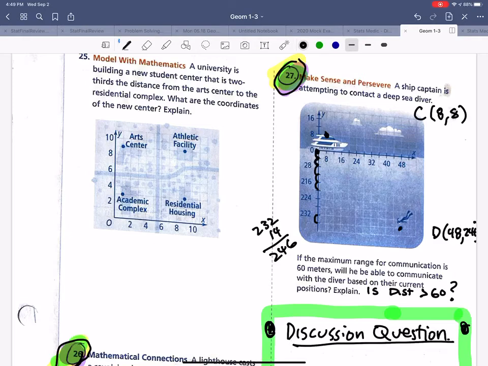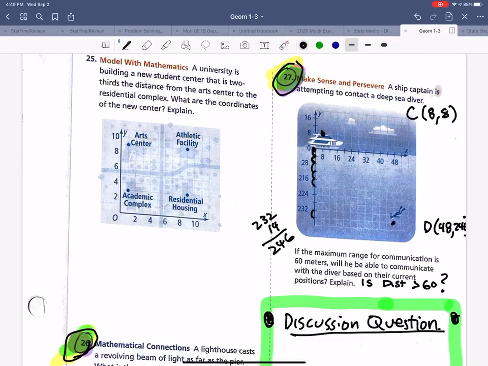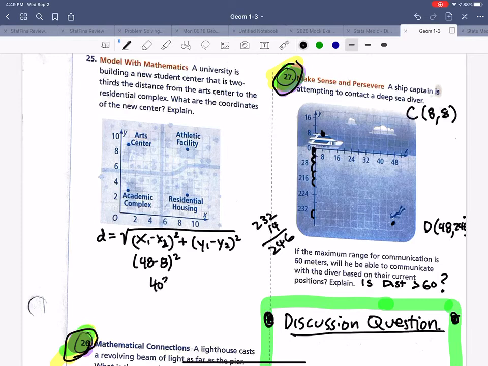So let's find out. We are going to go back to our formula. And I'm not doing number 25, so I can write it here. The distance formula says I'm going to subtract the x values and square it, and then add that to subtracting the y values and square it. So my x values are 8 and 48. So that'd be 40 squared. Now let's subtract my y values.